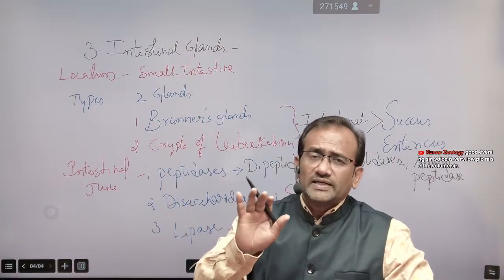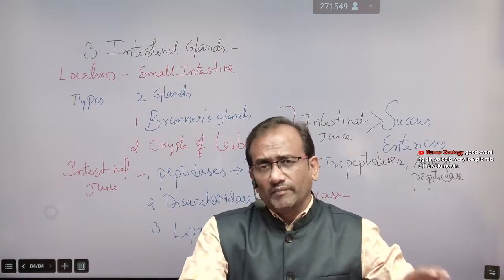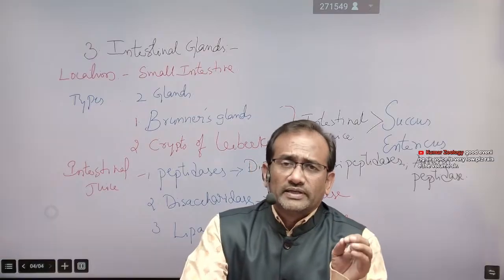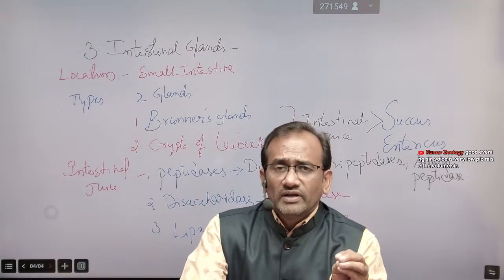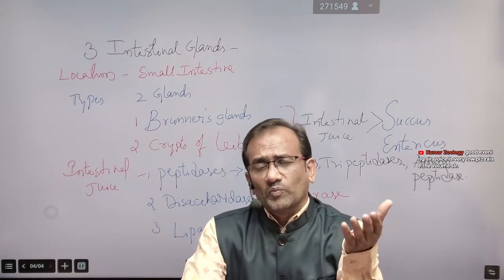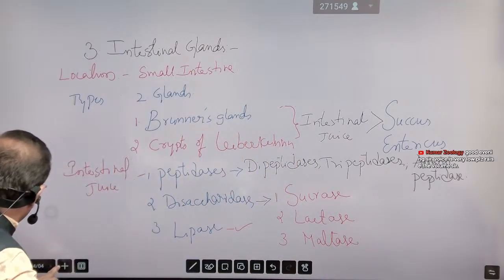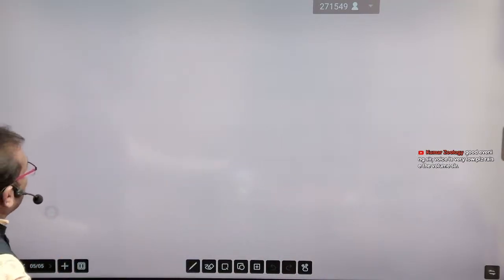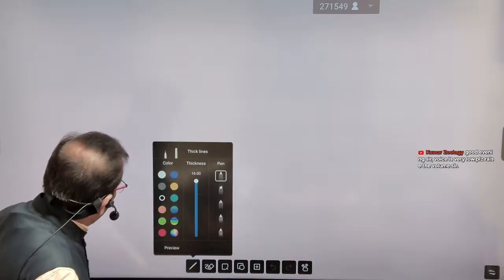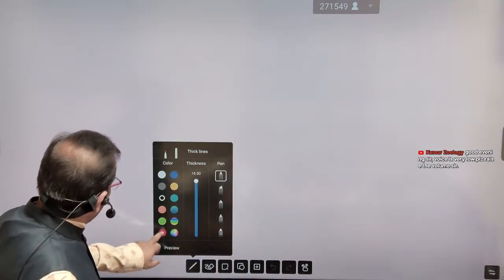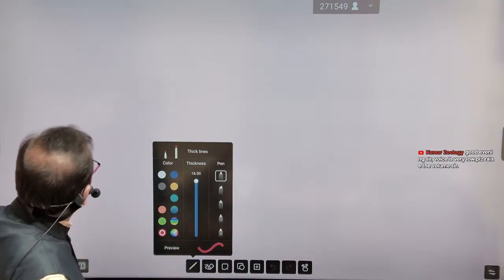Three types of glands are completed, and the remaining two, the most important glands, are the liver and pancreas. So next our topic is the liver.